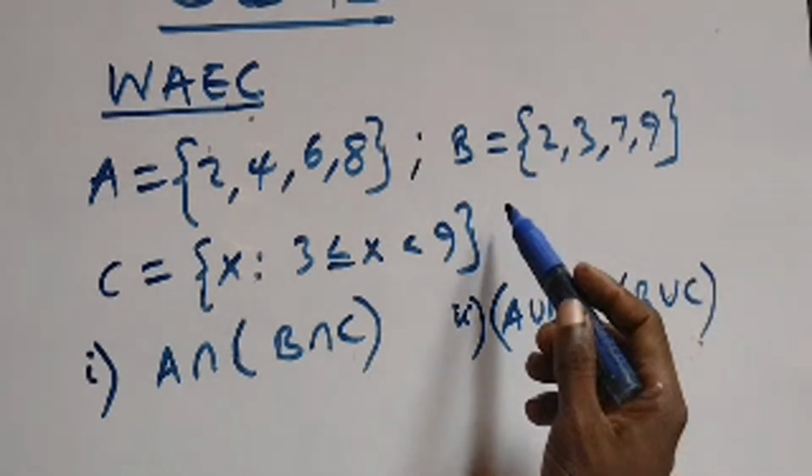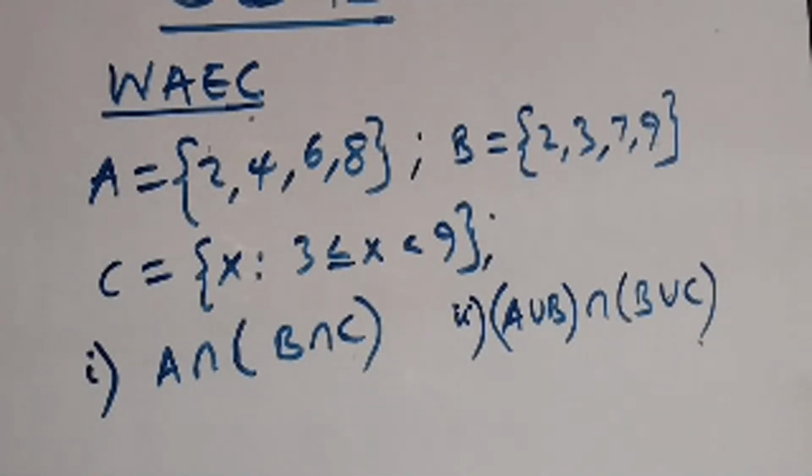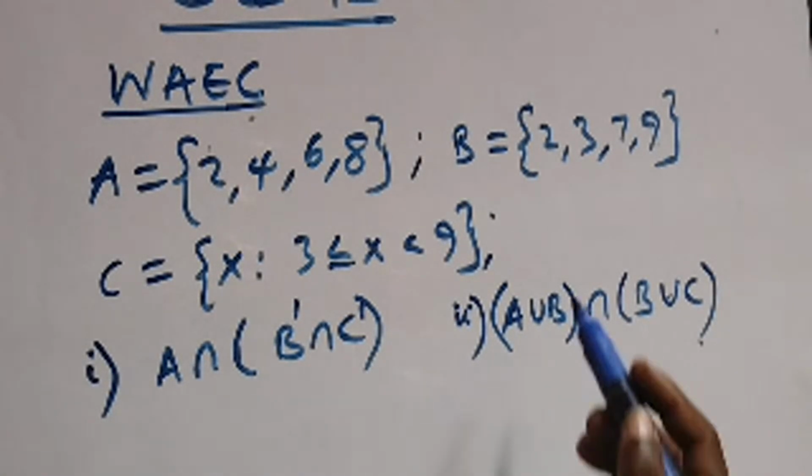So we are given a universe set, and question one is B complement, C complement. Okay, and we have the universe set.